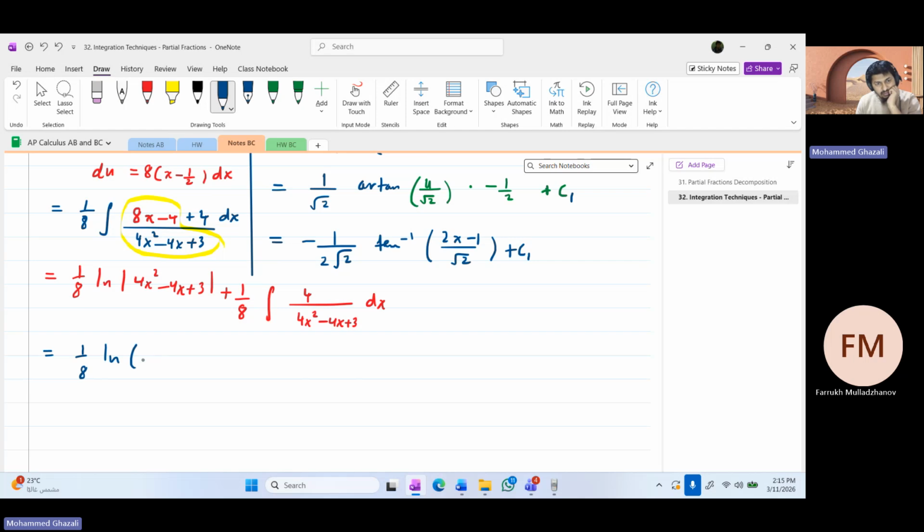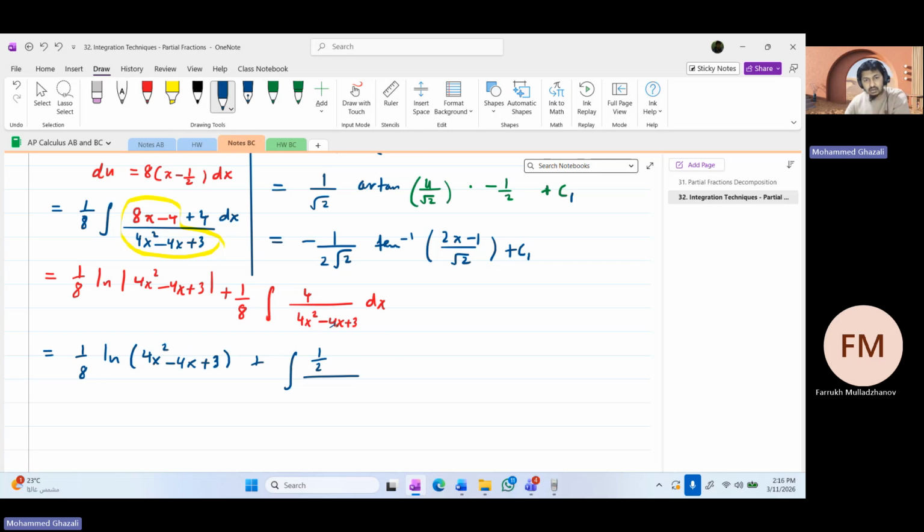This is always positive, so drop the absolute value. And this part over here is plus half.